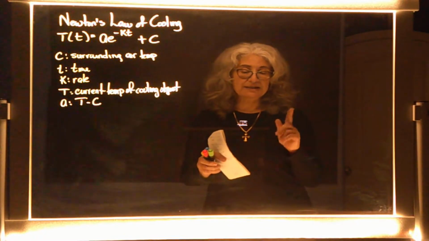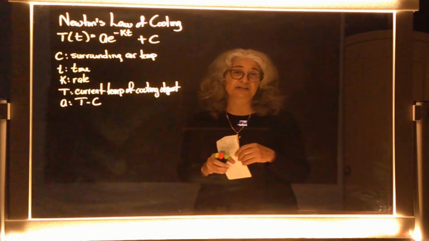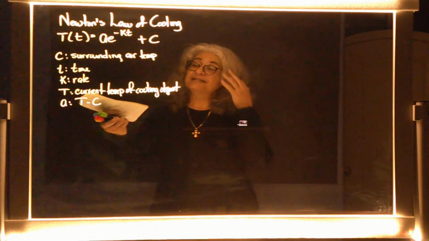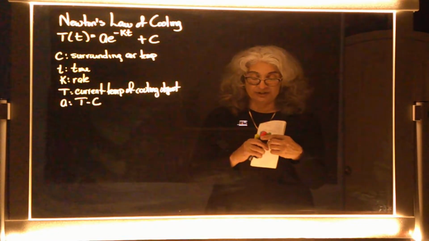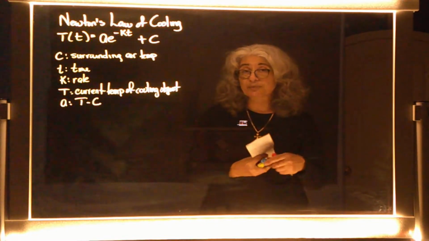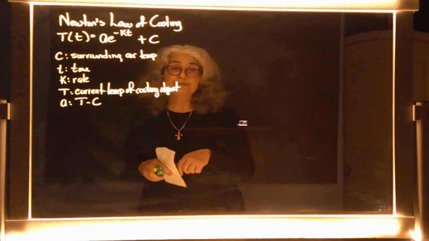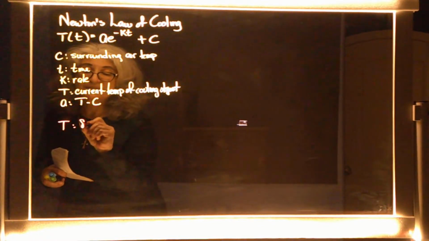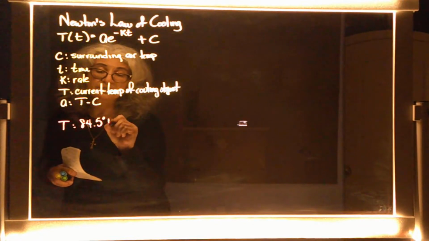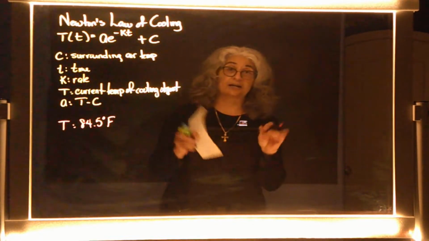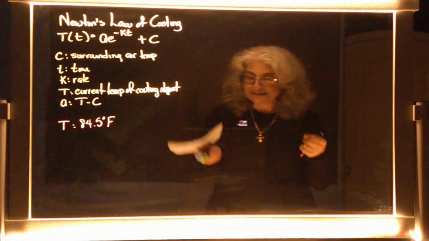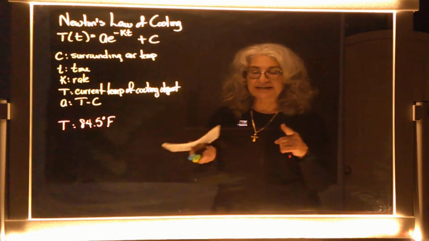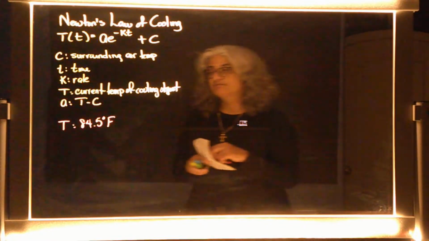The temperature of the body is 84.5 degrees Fahrenheit. So I'm noticing capital T says the current temperature of the cooling object. So in this particular problem, the current temperature of the body, when she found it, was 84.5 degrees Fahrenheit. Got it. She waits an hour and then takes the temperature again and finds it to be 82.1 degrees Fahrenheit.